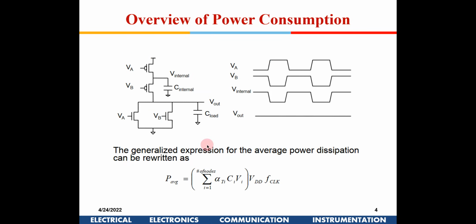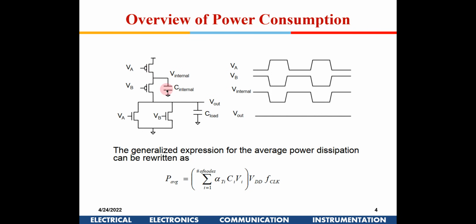Okay, now if you see the NAND gate, earlier we had only talked about an inverter, and then we had discussed only the load capacitance out here, but there could be one load which is connected here also. So in the case of a NAND gate, there is a capacitance out here also.